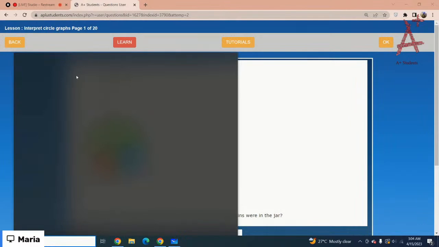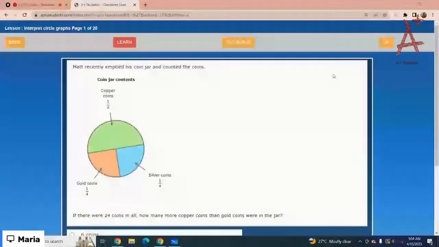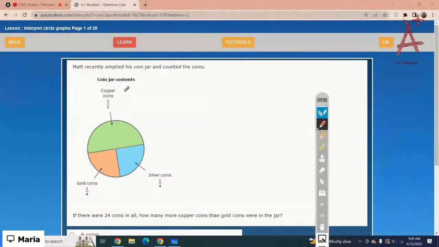Half of 24 is 12. That means out of 24, 12 are copper coins, because half of them are copper. Then one fourth of 24 is 6. So 6 were silver coins and 6 were gold coins, which makes 24 in total. You need to see how many more copper coins than gold coins were in the jar.